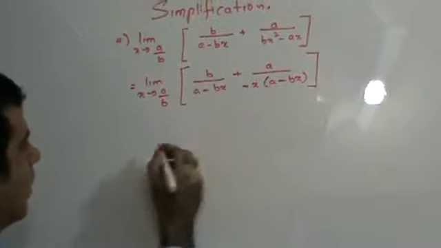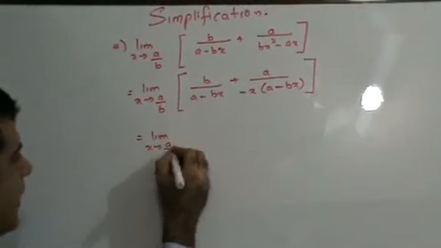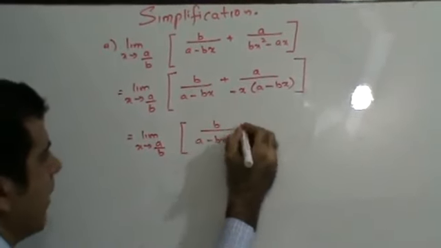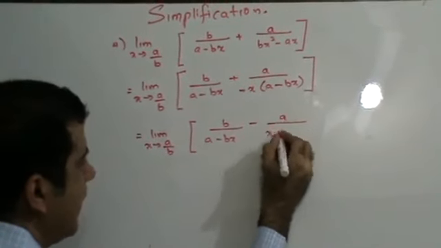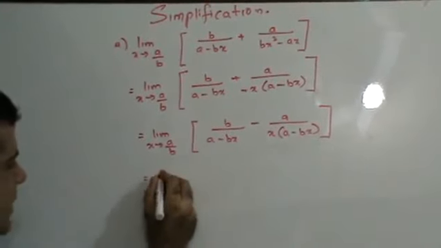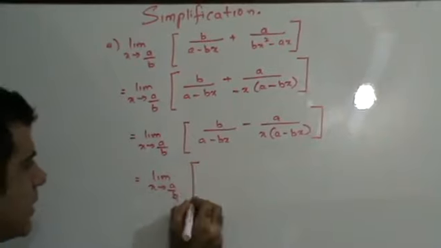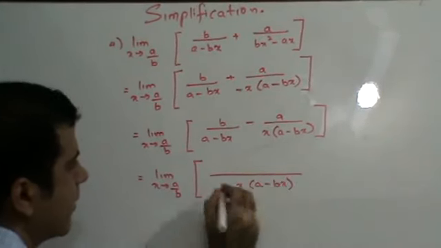Now in this case, this is limit of x tends to a upon b, b upon (a minus bx) minus a upon x(a minus bx). Once you have this, take the LCM of the denominator. This is going to be x(a minus bx).